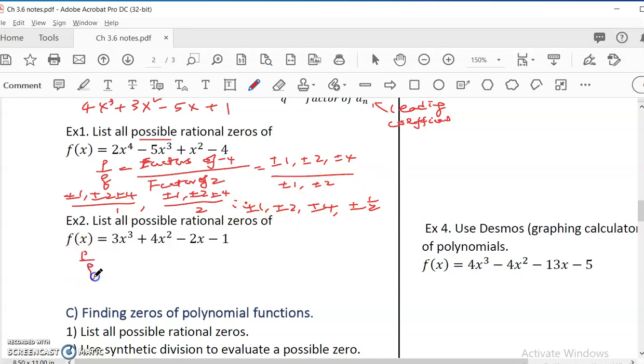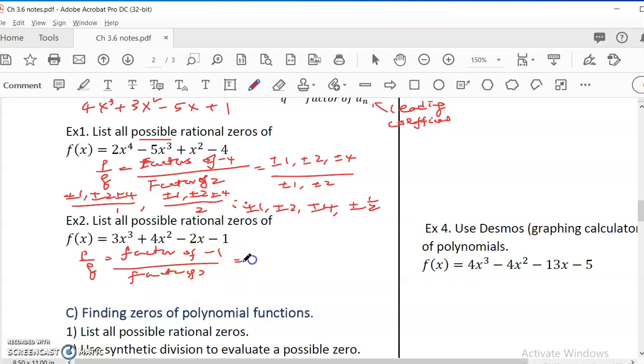Look at the next one. If f of x is 3x cubed plus 4x squared minus 2x minus 1, what are the possible rational zeros? Because all the coefficients are integers, the top is a factor of -1, and the bottom is a factor of 3.